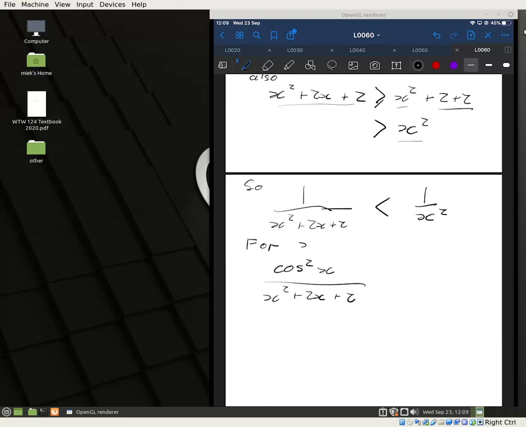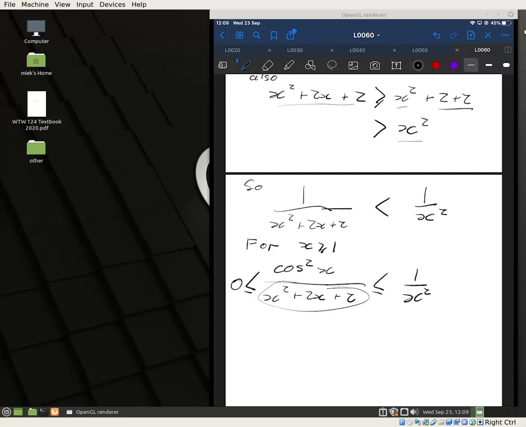So just to drive it home, for all x that is bigger than or equal to 1, this is going to be bigger than or equal to 0. This is going to be less than or equal to 1 over x squared.